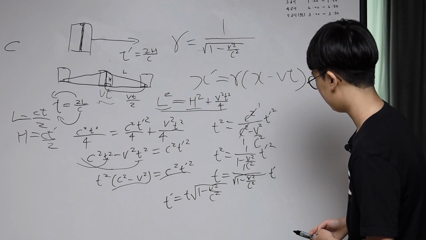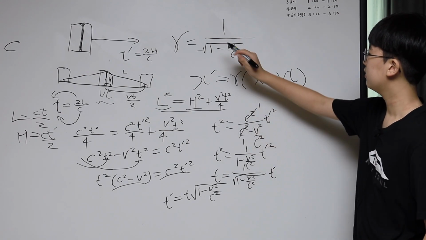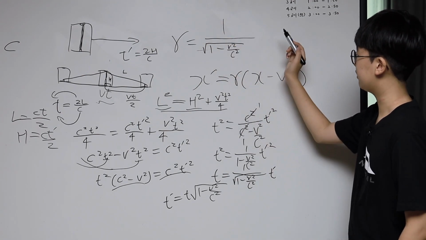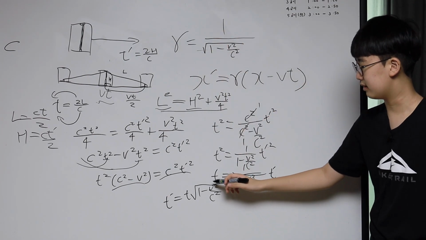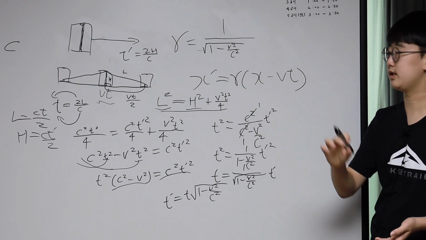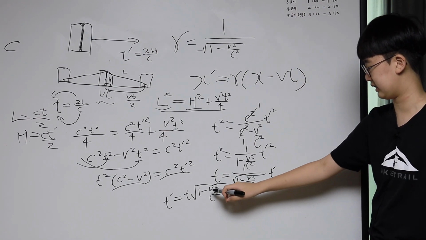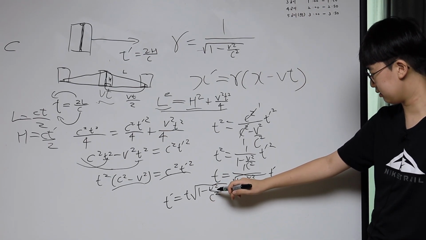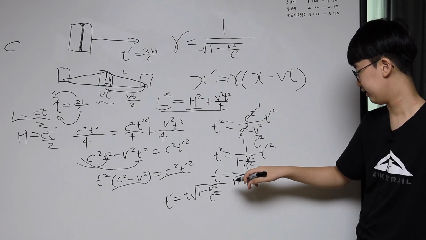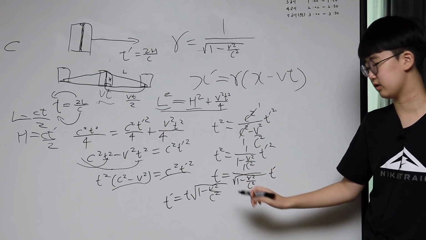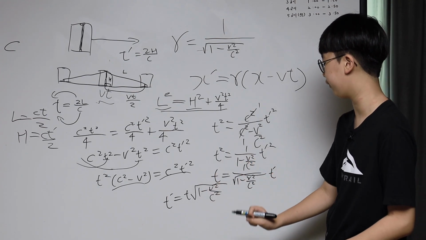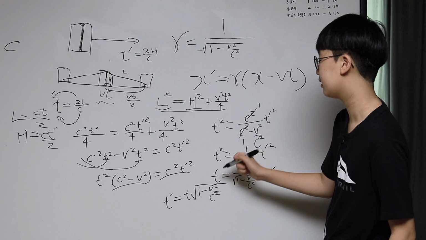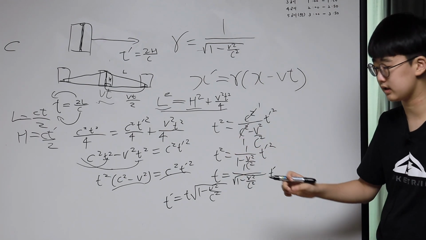This whole thing increases if v increases, but the 1 minus v squared over c squared decreases if v increases. If v increases, it's going to contract more from 1, and that would make the whole thing decrease.